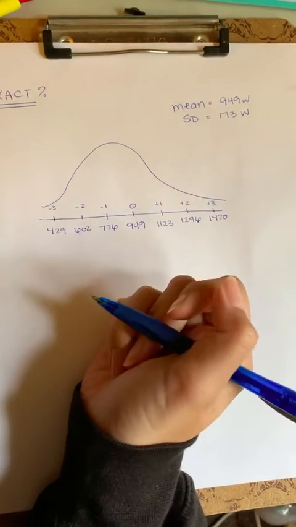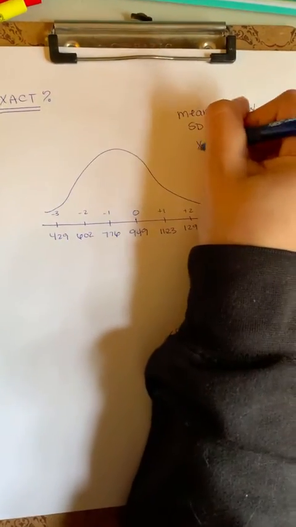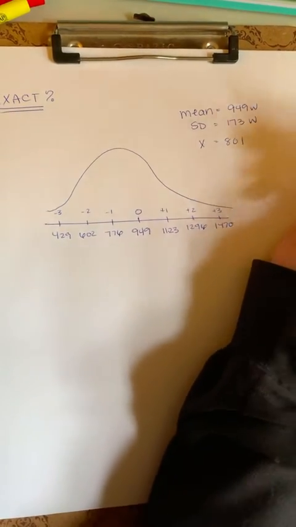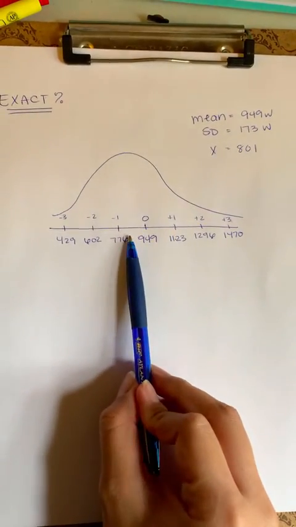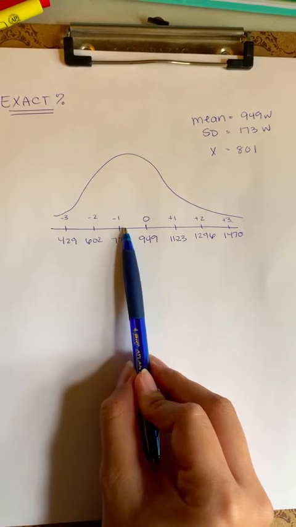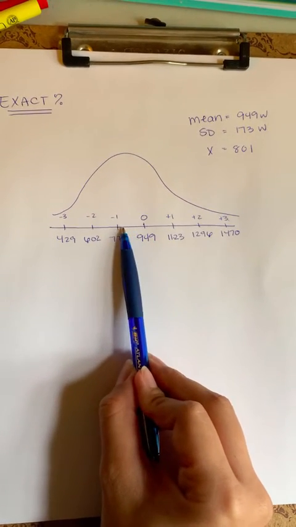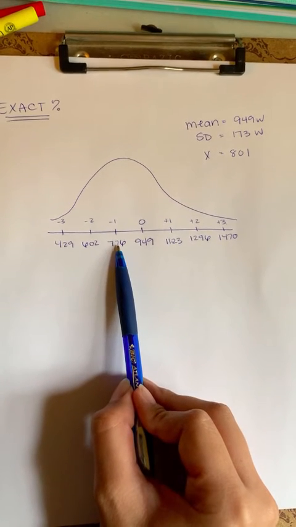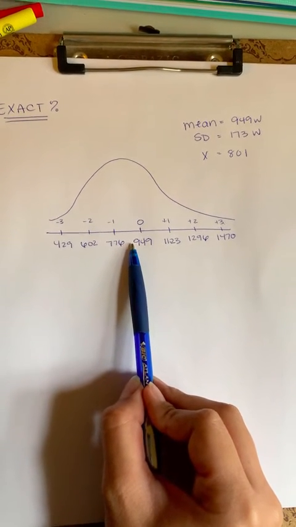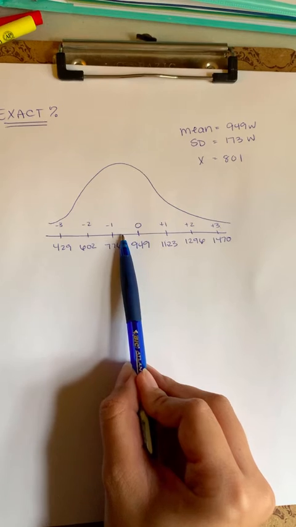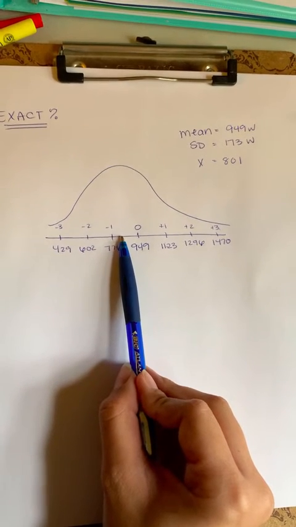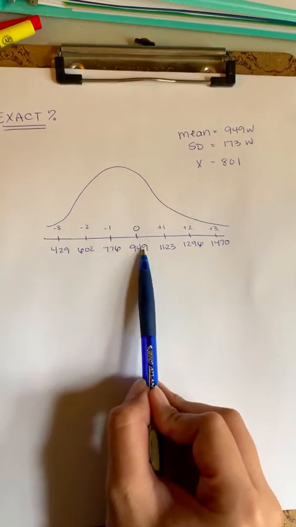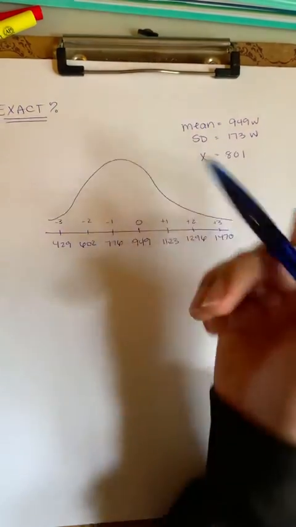So when we have this raw score of 801 that we're interested in, we could fairly say that 801 probably lies between -1 and 0 standard deviations. Let's say that it's probably closer to -1, just because this is closer to 800 than this one is.